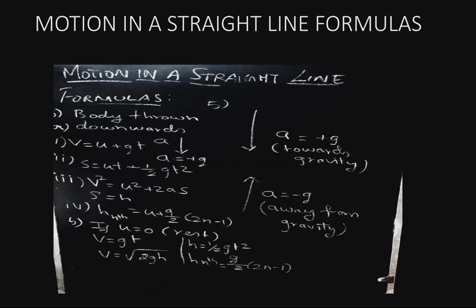So now we have found the condition for objects coming down, that is, falling towards gravity. The second part is when I am throwing the object upwards.